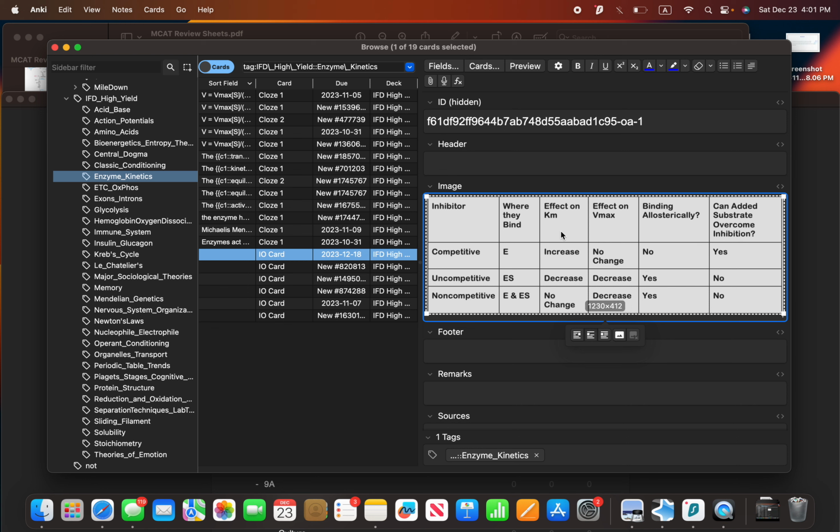So when you have this competitive inhibitor that competes with the enzyme and it binds to the active site of the enzyme, it is kind of acting like a substrate, right?